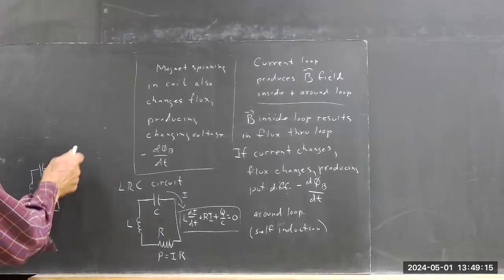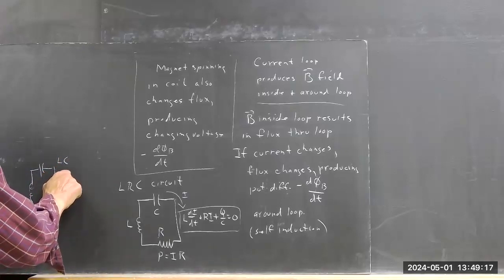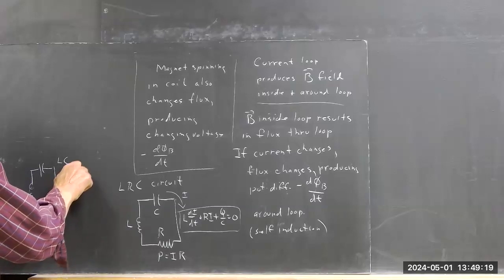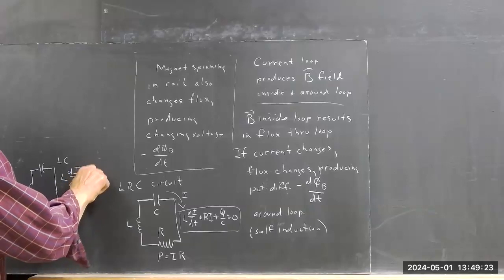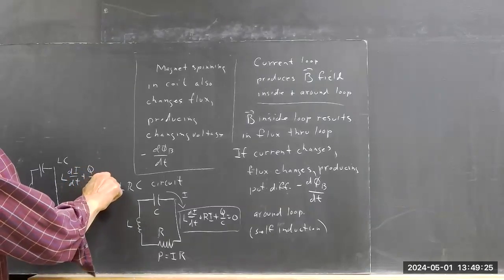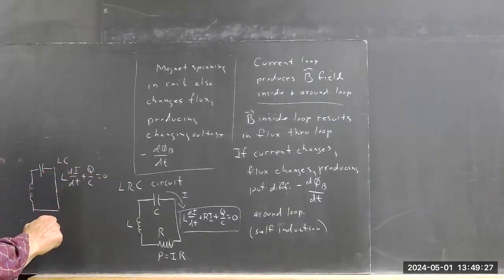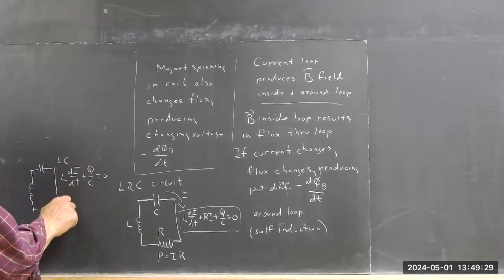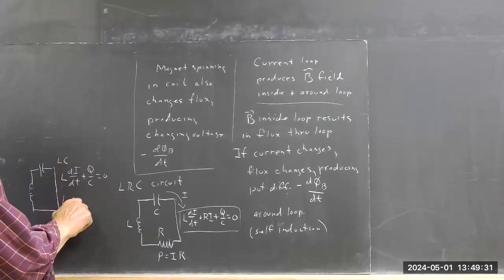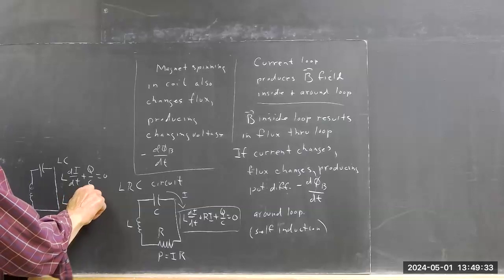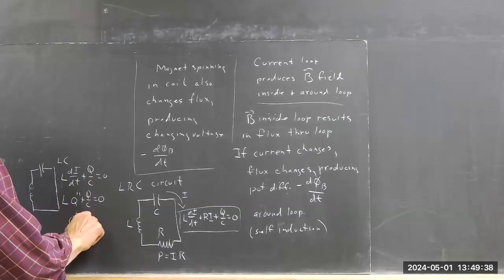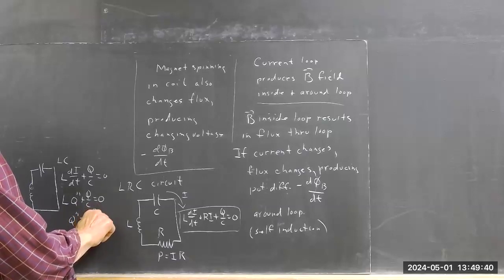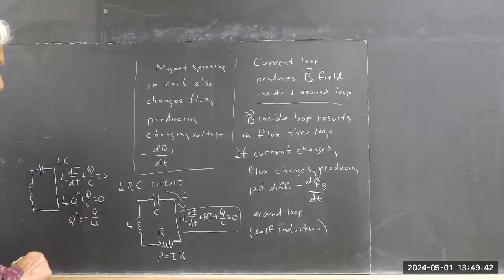Okay, and as we've seen, your voltage drops are L dI/dt and Q over C, but I is just dQ/dt, so this is L Q double prime plus Q over C equals 0, Q double prime equals negative Q over LC.